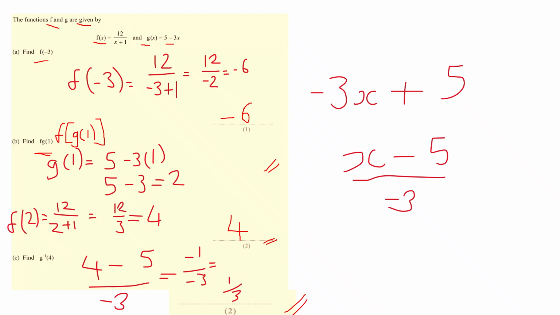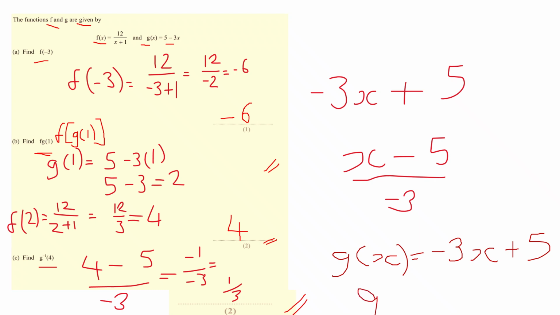So that one here was a bit more trickier. This is a slightly different way of doing it. So g of x here can be written as minus 3x plus 5. Now, I thought of this as like a function machine. So we take x, we times it by minus 3, and then we add 5. Now, if we go backwards and we unravel what I just said, the last thing was we added 5, so we subtract 5 if we're working backwards, and then we divide by minus 3, because that's the opposite of taking x, which is our input, multiplying it by minus 3, and then adding 5.